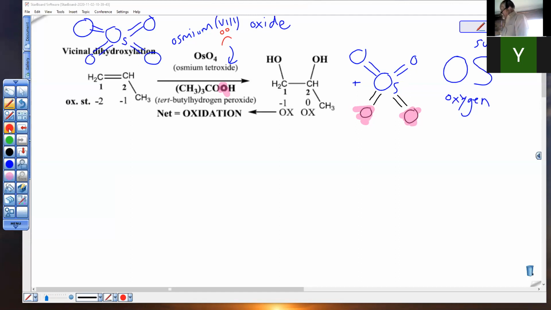Every mechanism we've done so far, the pi electrons have attacked a positive atom. So why am I going to attack an oxygen ever? Oxygen bonded to osmium is going to be a normal O with a negative, right? Like an ionic compound. But Os plus 8, osmium with an oxidation state of 8, is highly oxidized.